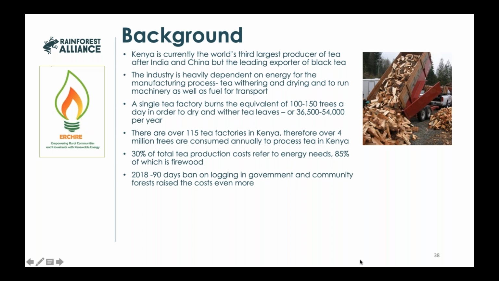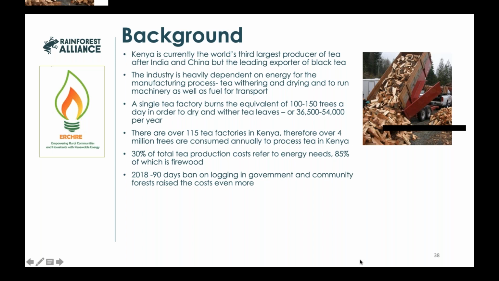I'm making this presentation when Kenya is the largest exporter of black tea and the third largest producer of tea after China and India. And as you all know, tea is heavily dependent on energy, and in this case, biomass energy for processing, particularly for withering and drying, and of course to run machines.